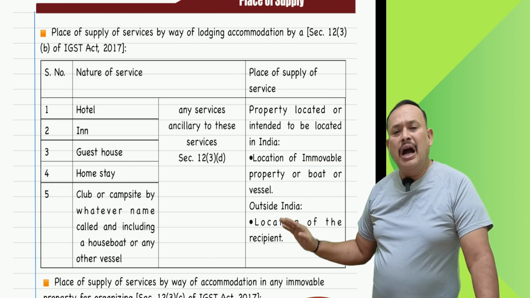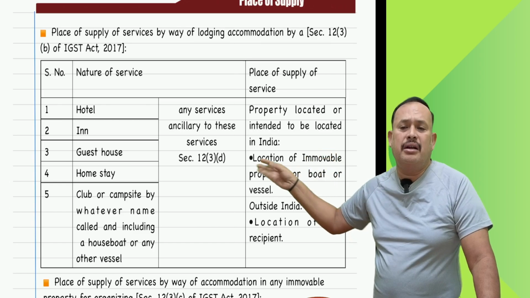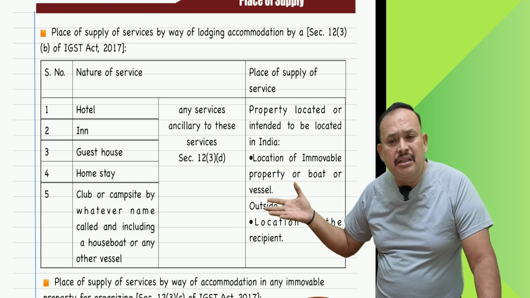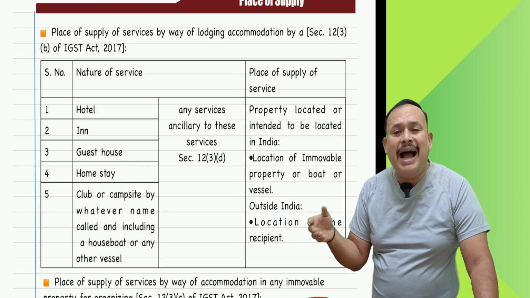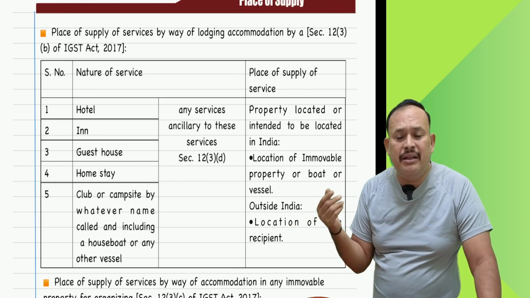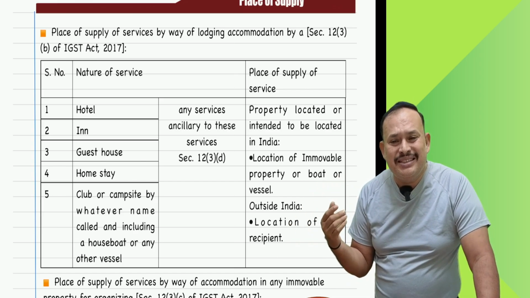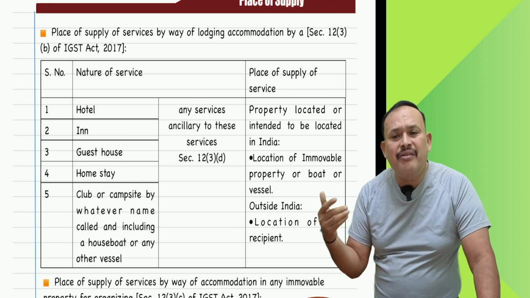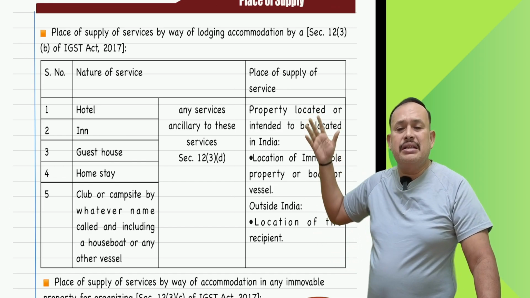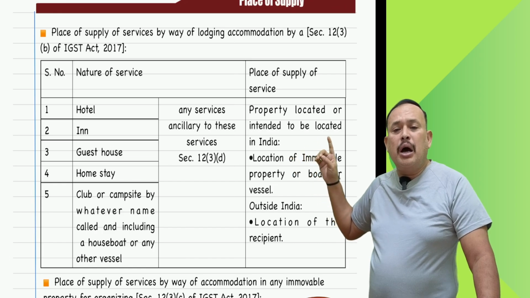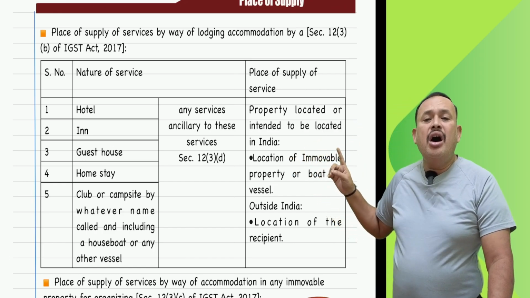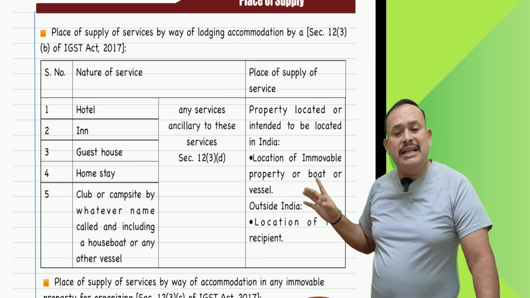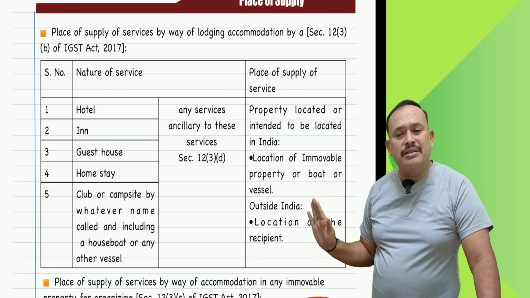If so, are there any ancillary services? What are the ancillary services? In a hotel accommodation, ancillary services such as providing internet and dry cleaning are along with the hotel accommodation. In those cases, property located or intended to be located in India is the place of supply.